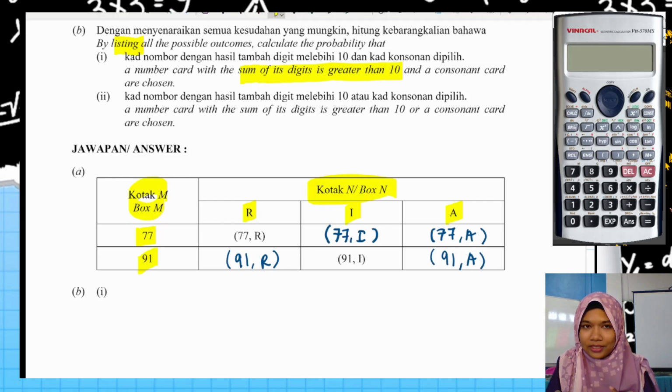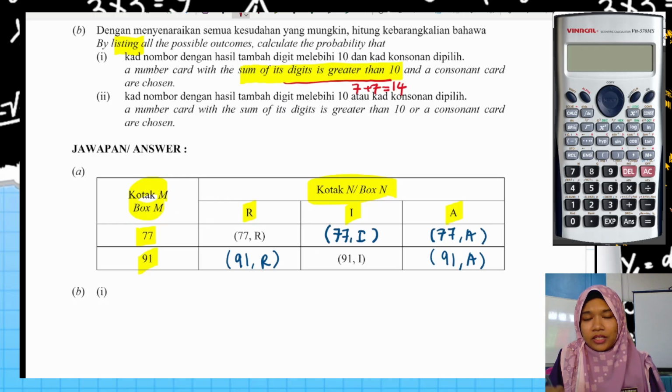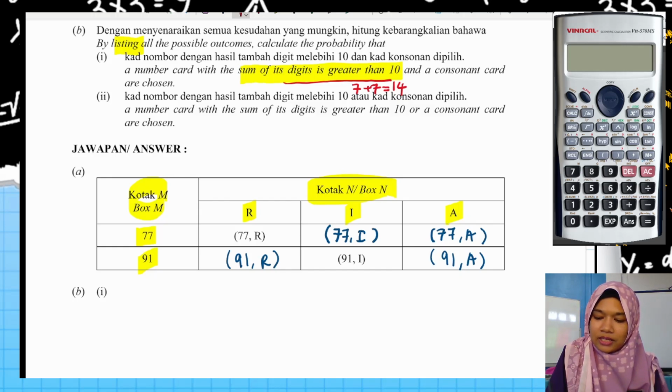Greater than 10. But if you 91, 9 plus 1 is 10. Question asks you greater than 10, not greater than or equal to 10. Hati-hati di sini. So, yang di sini hanya boleh ambil 77 sahaja. Okay. 77.